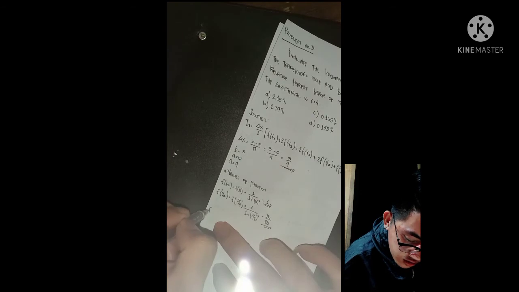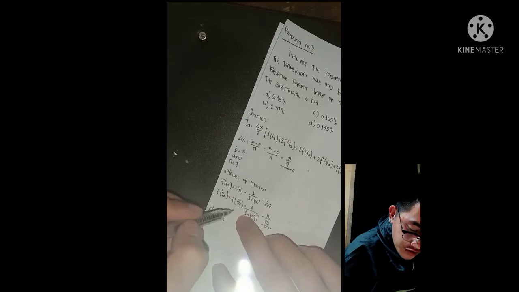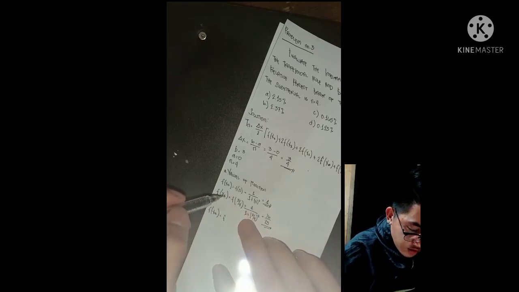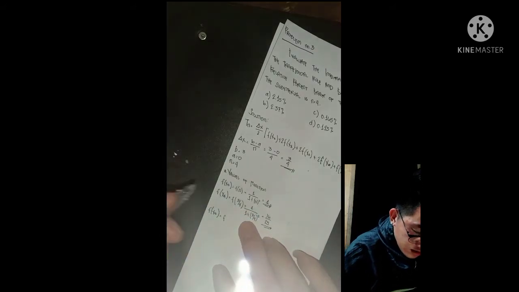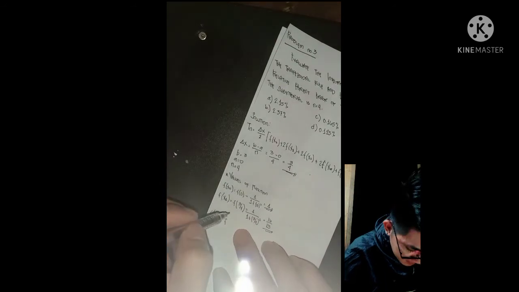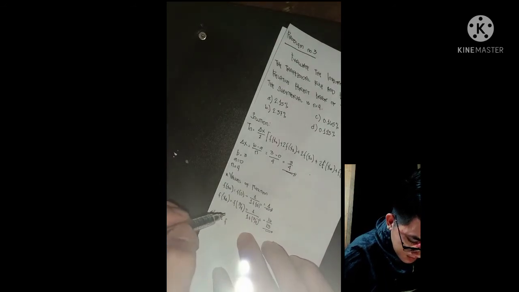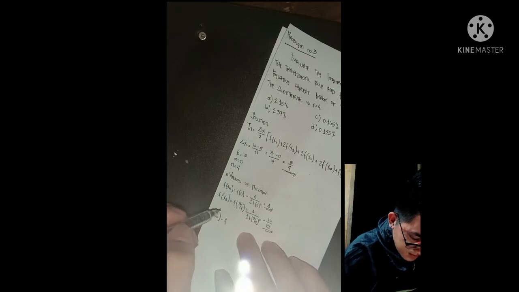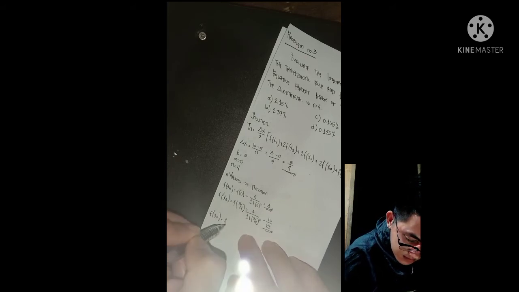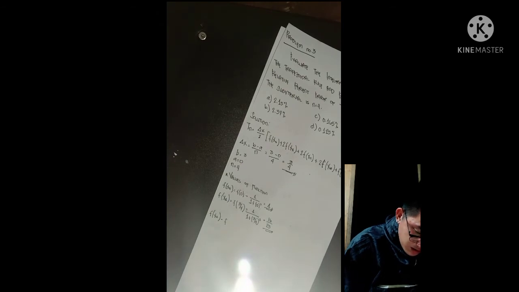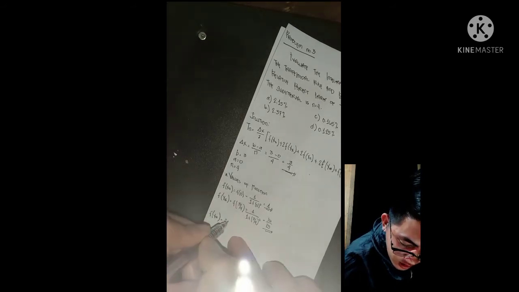Next, in function of our x sub 2, 3/4 plus 3/4 is equal to 3/2. Wait, let's check. 3/4, yeah, it's equal to 3/2.